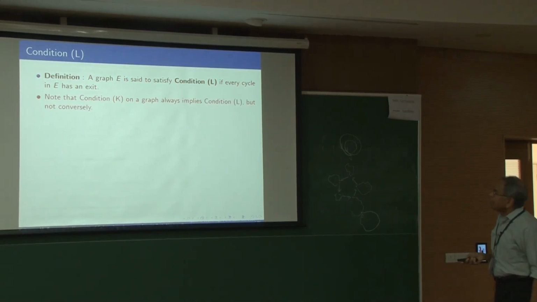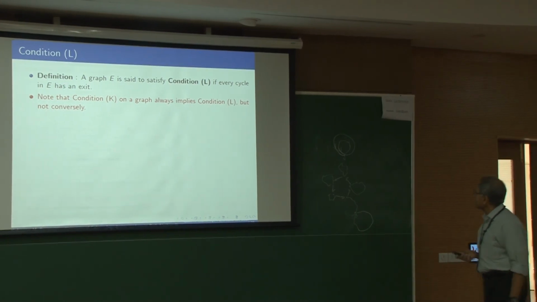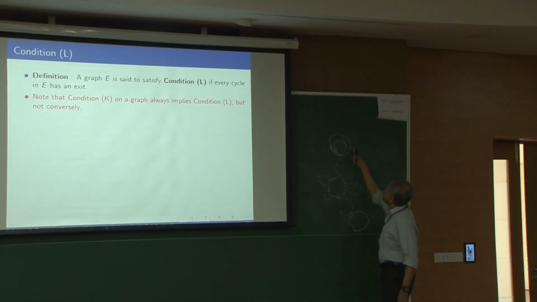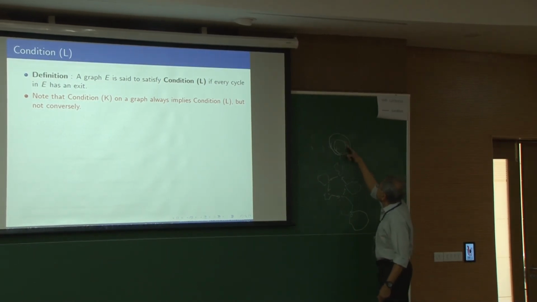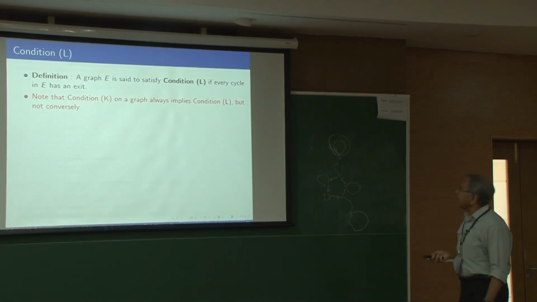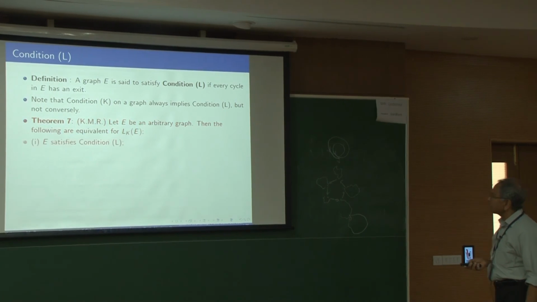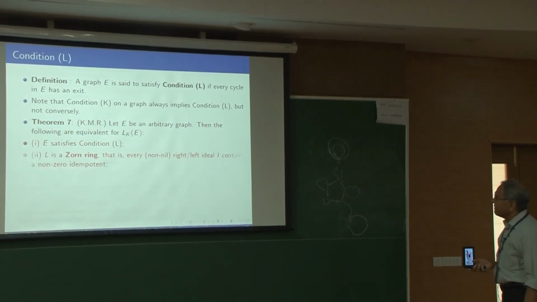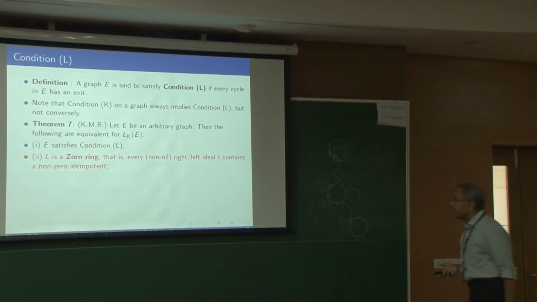Condition K always implies condition L. So for instance, in this case, this vertex you can think of as an exit for this cycle. But not conversely.